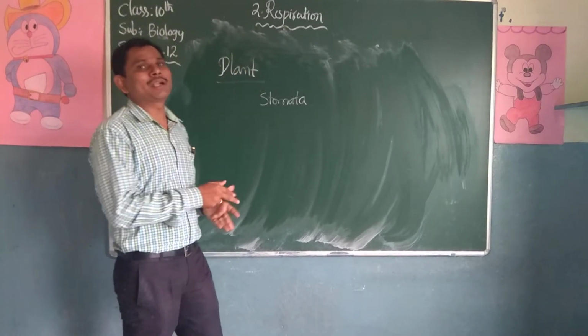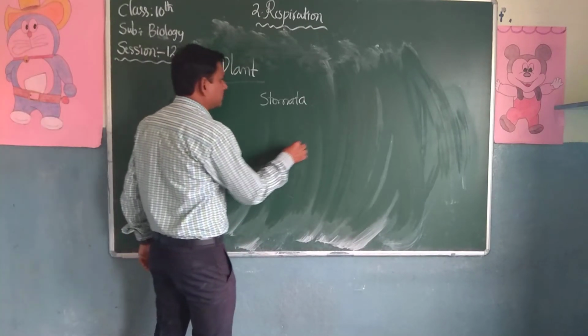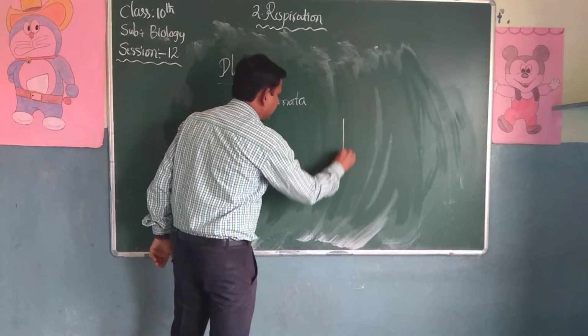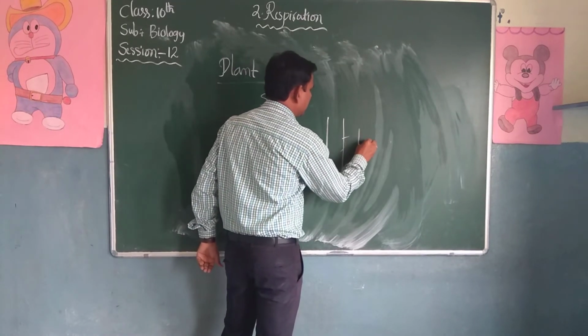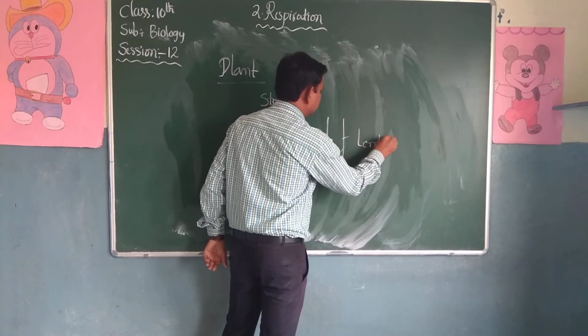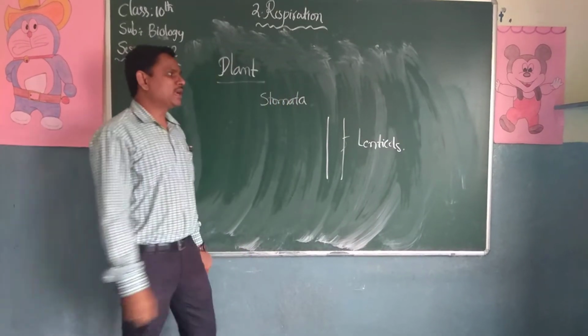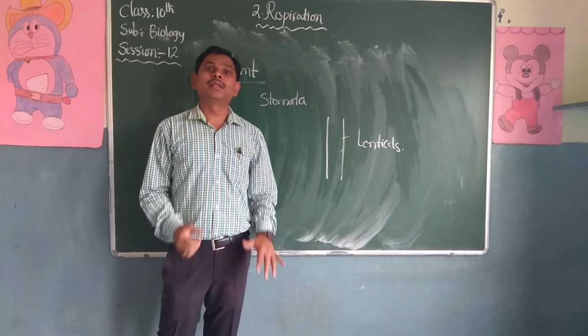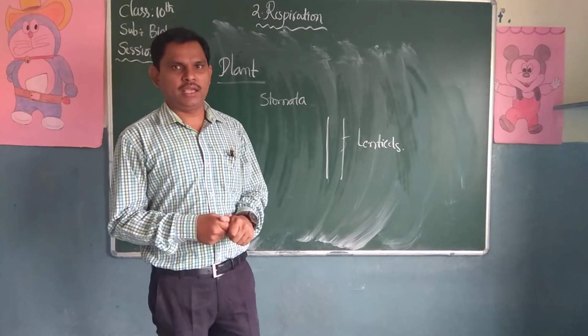Some plants do not have leaves. Then how do they respire? On the stem they have lenticels. If leaves are there, gas exchange takes place through the leaf.